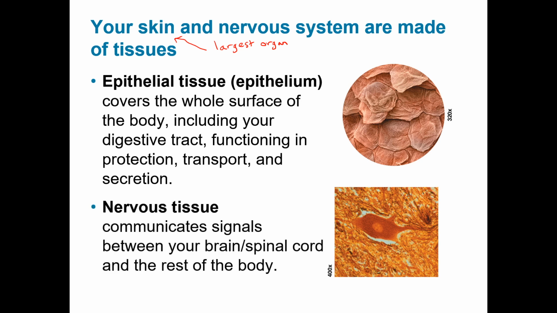Then we have nervous tissue. Nervous tissue allows for very, very rapid electrical communication from your brain and spinal cord. Your brain and spinal cord, they are located in the center of the body, right, to protect them. And so we refer to those organs as our central nervous system.